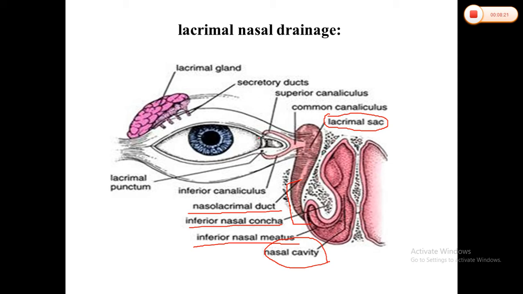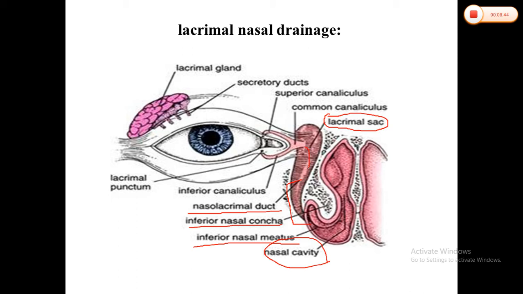So basically, drainage of the lacrimal fluid from the nasolacrimal duct into the nasal cavity occurs with the help of gravity, which helps the downward flow. The air current in the nose induces negative pressure within the nasolacrimal duct and draws the fluid down the potential lumen of the duct into the nose.